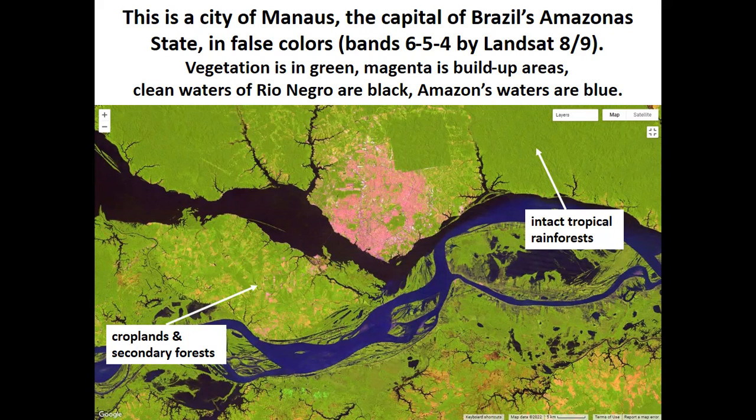And this is all somehow logged forest or regrown after logging, or some artificially planted trees, or some croplands you could see in that light green color. And this magenta, you could see the city of Manaus is mainly in these pink and magenta shades.